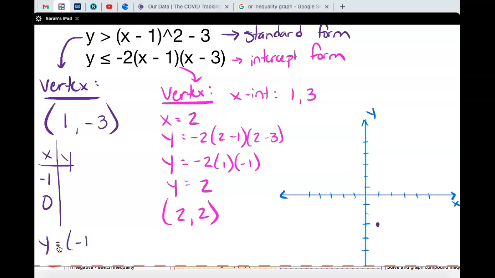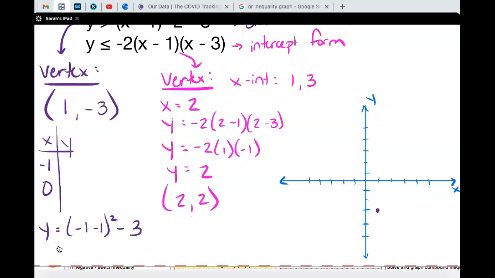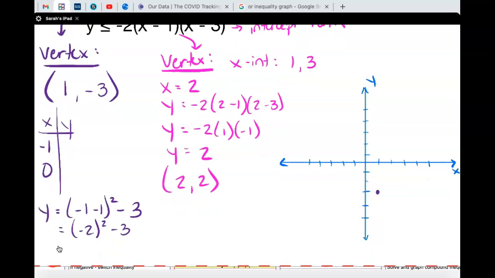So if I do -1 first, plug it into the equation. Order of operations. -1 minus 1 is -2, squared is 4, minus 3 is 1.